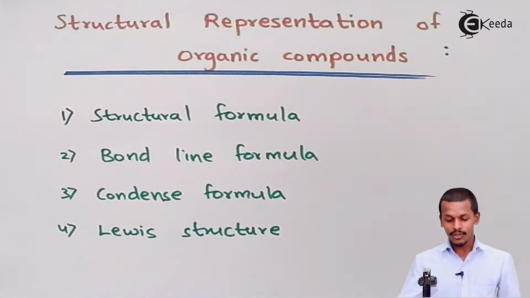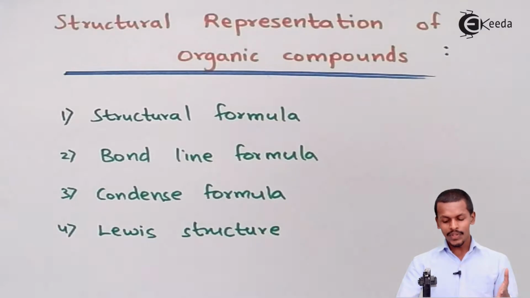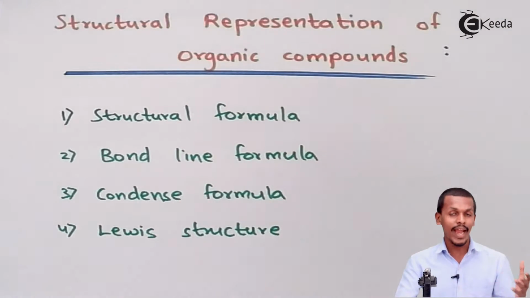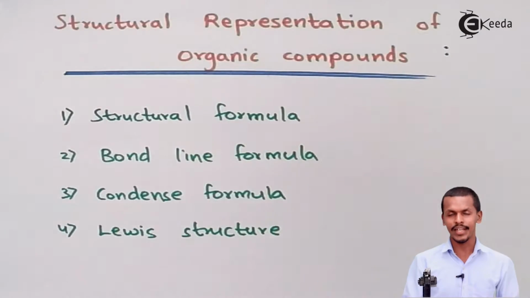But let us talk about the first one, that is what actually the structural formula is. Talking about the structural formula, it gives us the exact detail about how many bonds are present between the two atoms, as well as an overall idea of what kind of bond is present between the carbon, hydrogen, or the other elements in the organic compound.